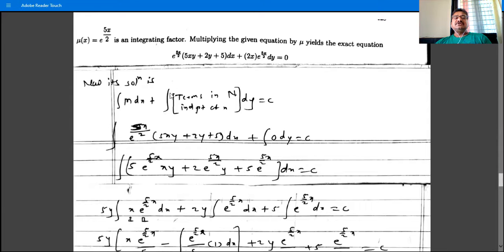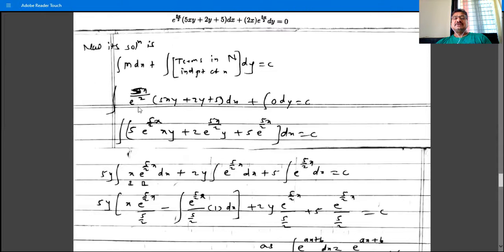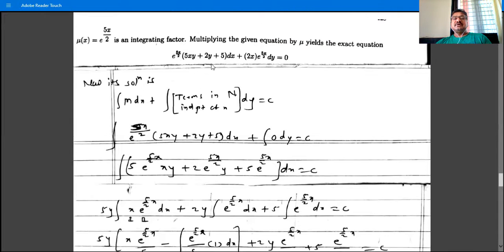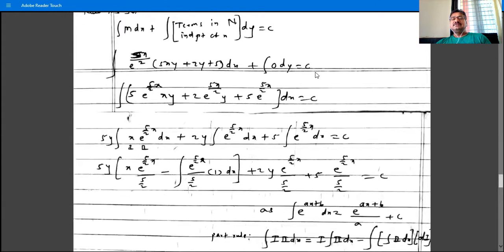And now its solution is the integration of M dx plus the integration of terms in N independent of x, dy, is equal to a constant. So write M as it is, and there is only one term in N, which depends on x, so the second part is 0 dy, equal to a constant.